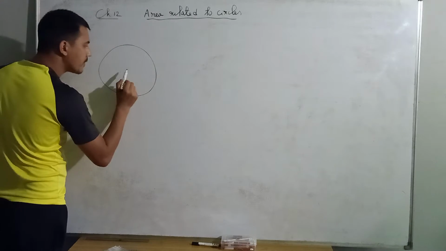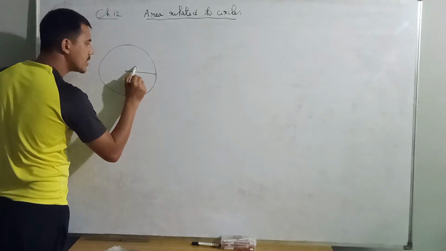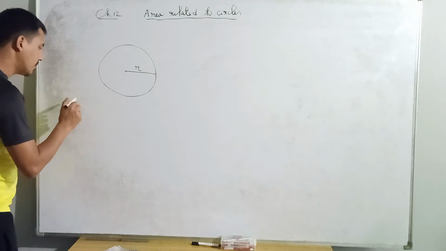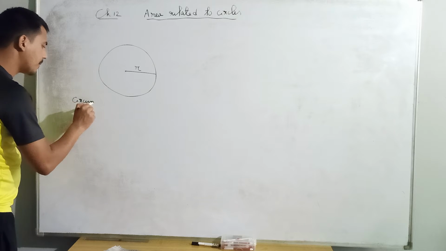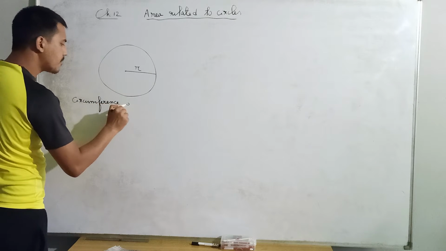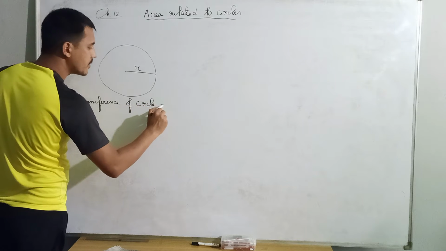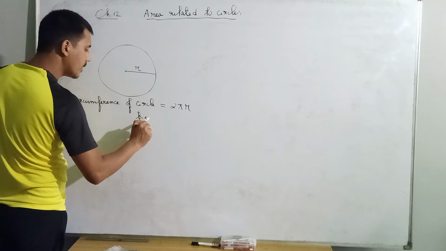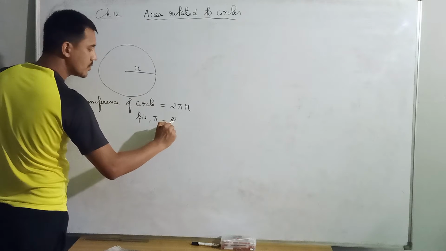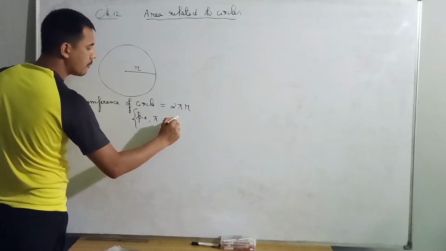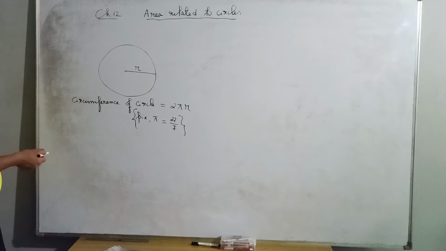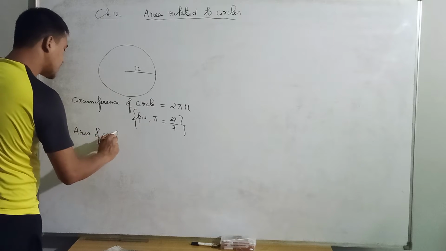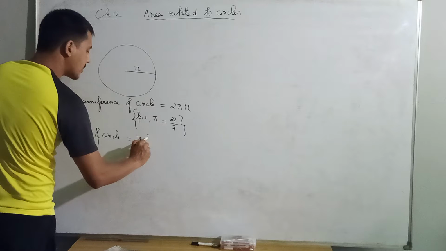Now, if a circle has radius r, then the circumference of the circle is given by the formula 2 pi r, where the value of pi is 22/7, and the area of the circle is given by pi r square.